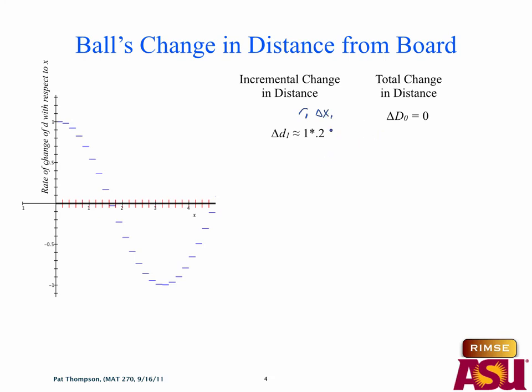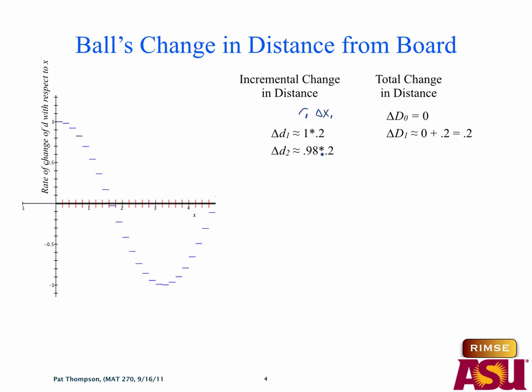Why is that helpful? Because then I can say the total distance at the end of that interval is the starting distance plus the little bit of change. And then I could do it again. For the next 0.2 of a second, the rate we got from our constant rate of change function was approximately 0.98.